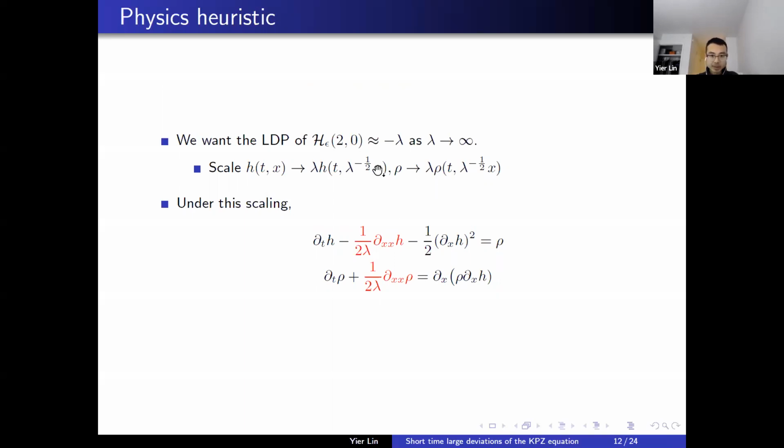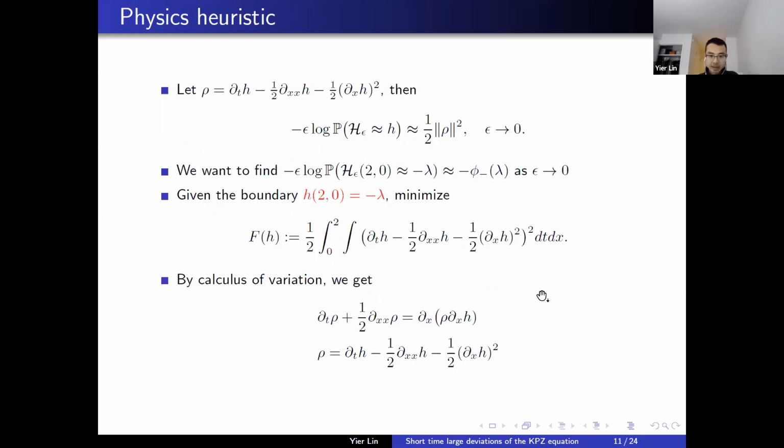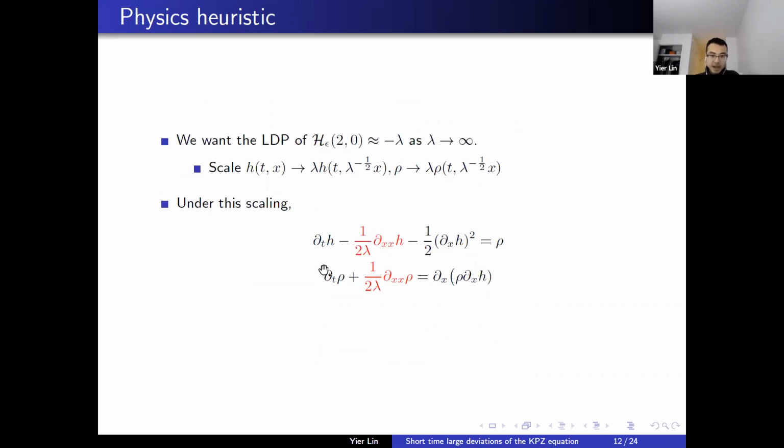Just plugging the scaling into this pair of equations, every term is the same, except in front of the second order derivative here, you get an extra 1 over 2 lambda.